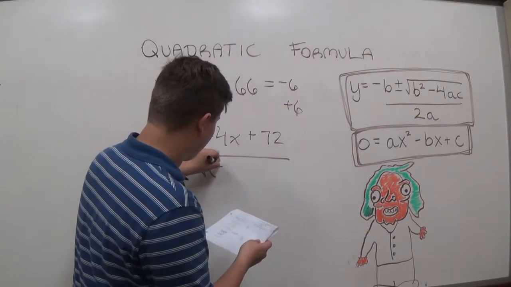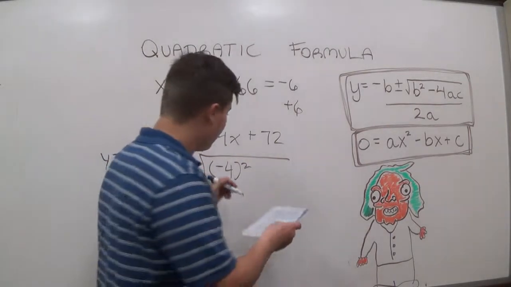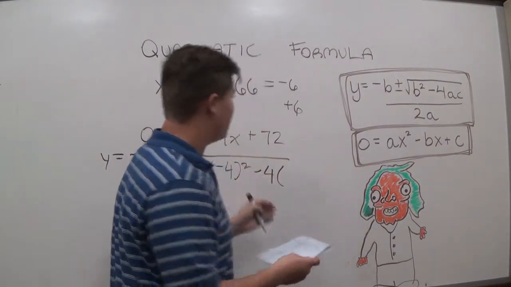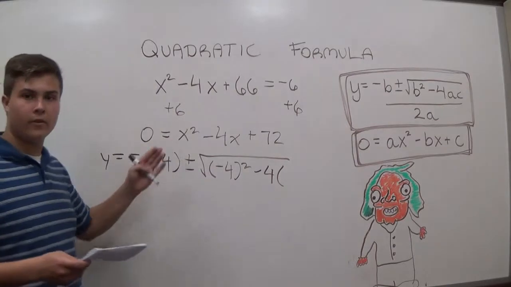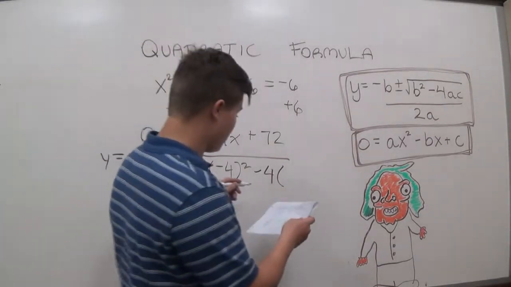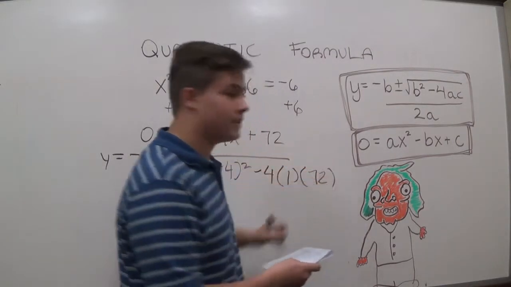You got it. Negative 4 squared. Now don't forget the squared. Minus 4 times. Now you say, hey Dane, why isn't there a number in front of there? Well, that actually is a hidden 1. Surprise. Okay, so then it's going to be 1 times, now you got it, 72.